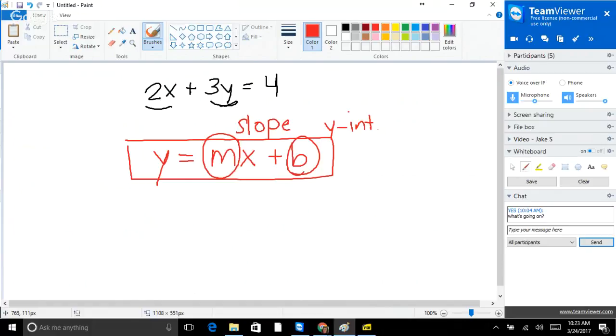Okay? So that's kind of the catch with this. You're like, this is so easy, right? I can totally look at what's before x and b and figure out what my slope and my y-intercept is. But it has to be in this form. So that's the one watch out with that.